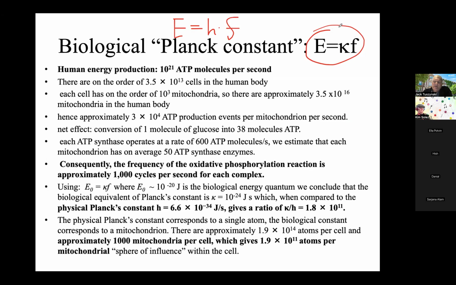Here we have the frequency f related to the oscillations of metabolic enzymes. And the question is, what is kappa? This would be what we call the biological Planck constant. h was the physical Planck constant. Now this could be the biological Planck constant, and you can go through this reasoning here very briefly.